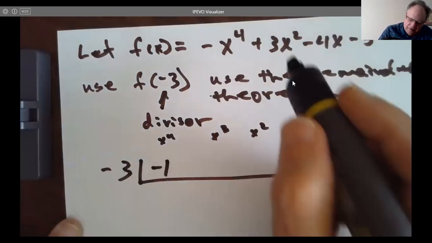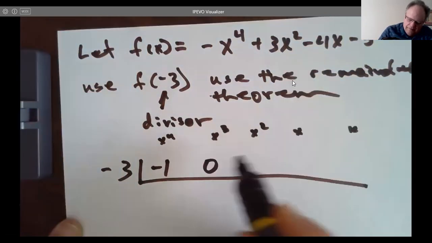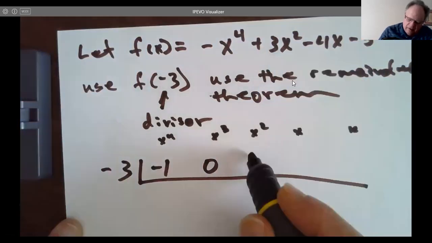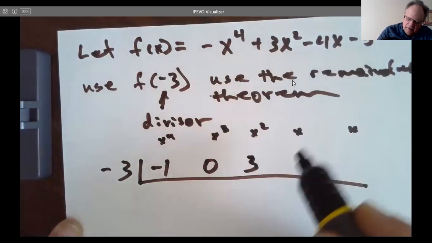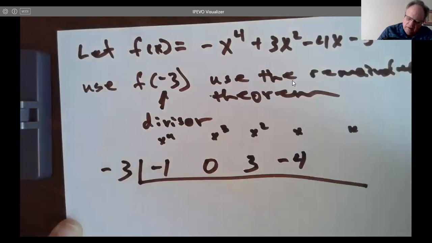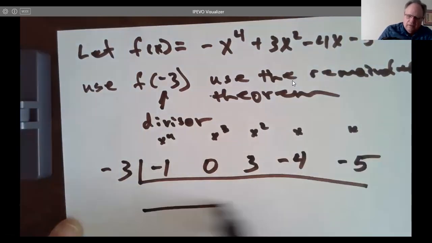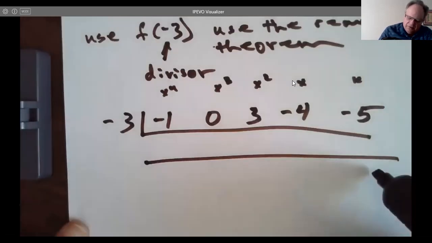Next, there's no x to the third, so we put a 0 there. Next is 3x squared, so we put a 3. Next we put a negative 4 for the x coefficient, and a negative 5. Whatever we get for the last term is our remainder.